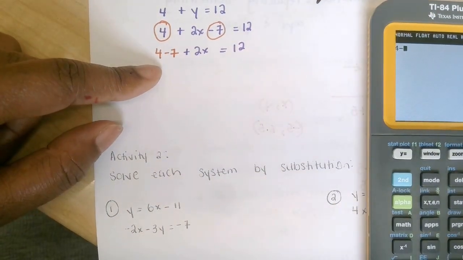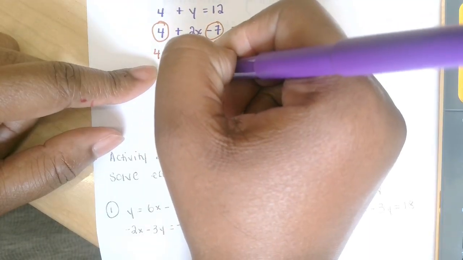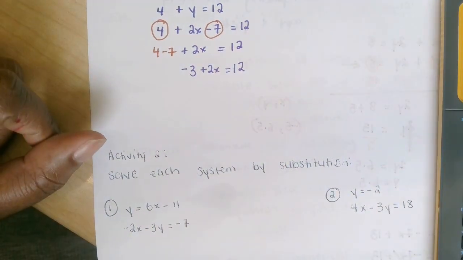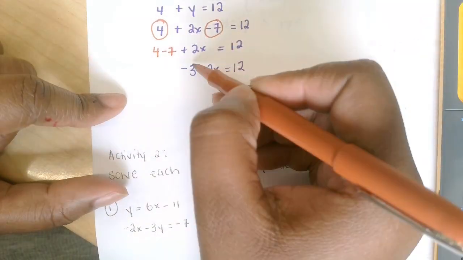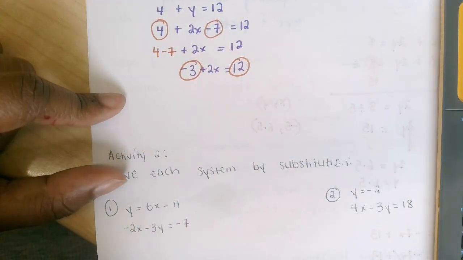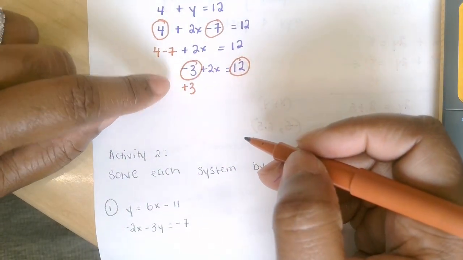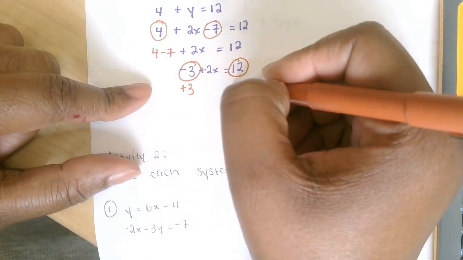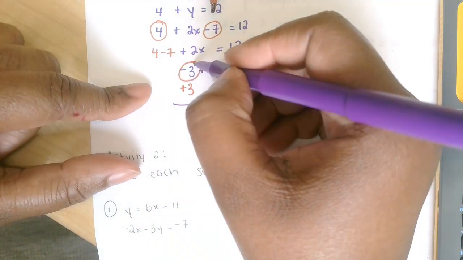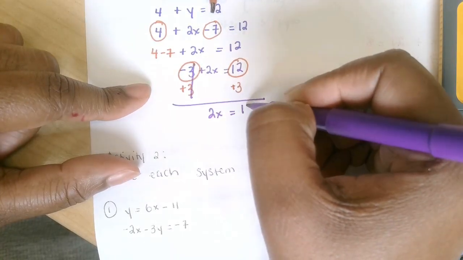So 4 minus 7 is negative 3 plus 2x equal 12. Constants again are negative 3 and 12. I'm going to do plus 3 because this is a minus, so I'm going to do the opposite sign. So 2x is equal to 15.